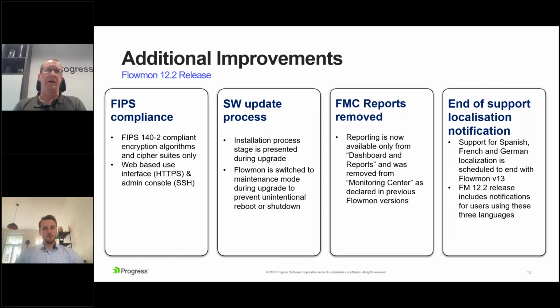Also, to prevent unintentional restarts or shutdowns of the Flowmon appliance, we have introduced a maintenance mode where, during upgrade, Flowmon will prevent you from doing an unintentional reboot or shutdown, because this action is blocked since it would have consequences on the upgrade process.